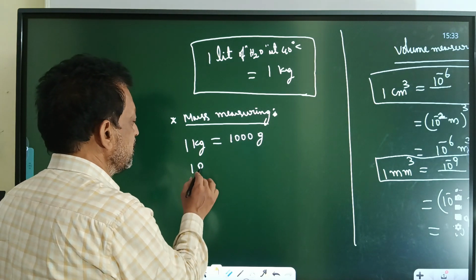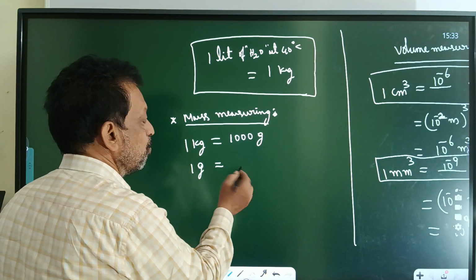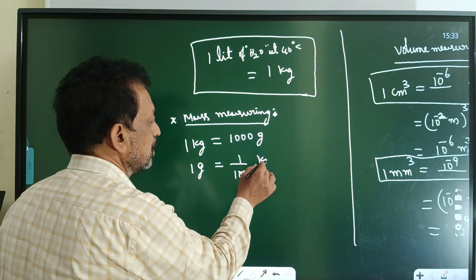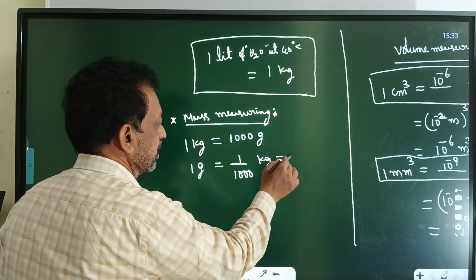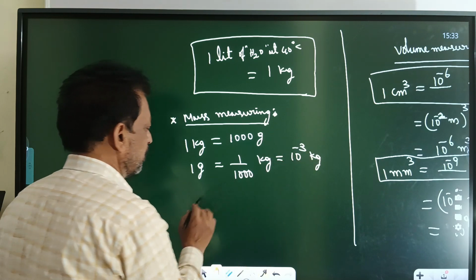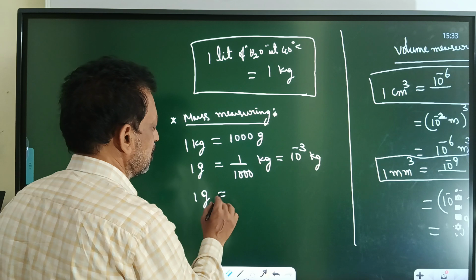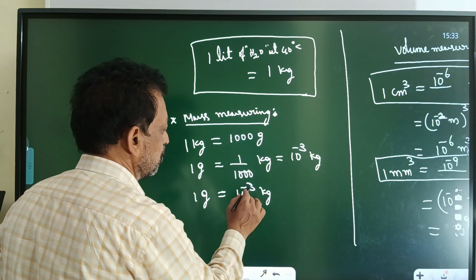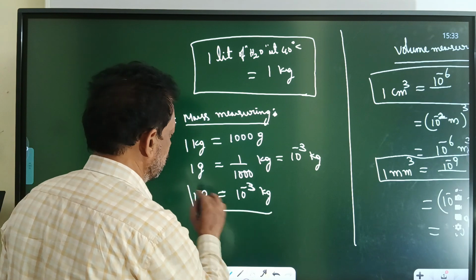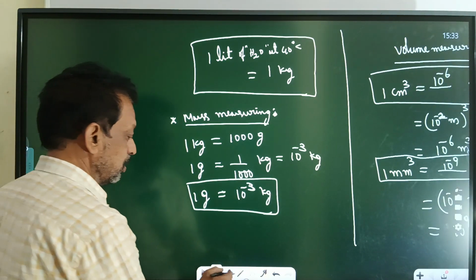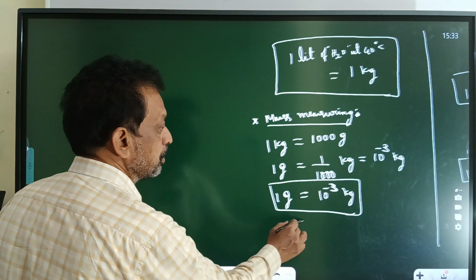So 1 gram is equal to 1 by 1000 kg. That is nothing but 10 to the power of minus 3. Power notation is the best for calculating purposes. You can write 0.001 also. This is the mass measuring.